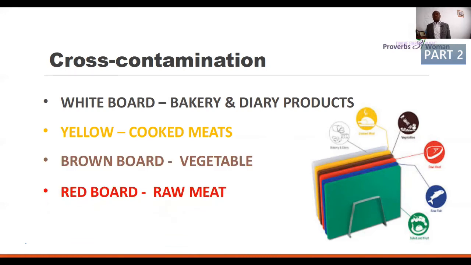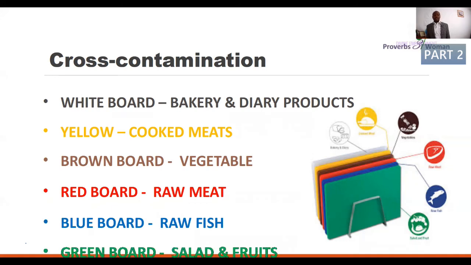Brown board, vegetable. Red board, raw meat. Blue board, raw fish. And the last one, green board for salads and the fruit. I don't know if you have those different types of board in your kitchen.